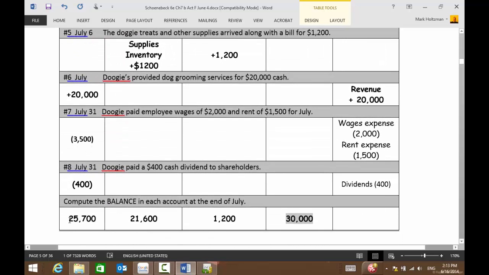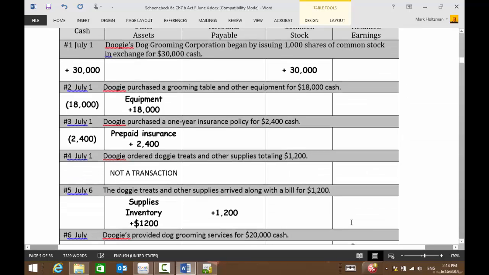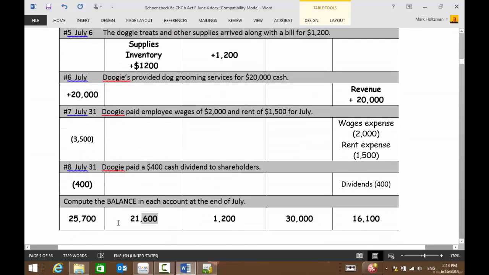Common stock is 30,000 and retained earnings is 16,100. So if you add this up, these two add up to 47,300 and these three add up to 47,300.